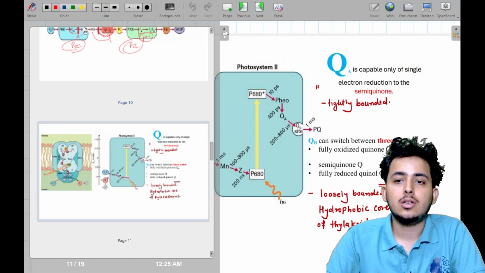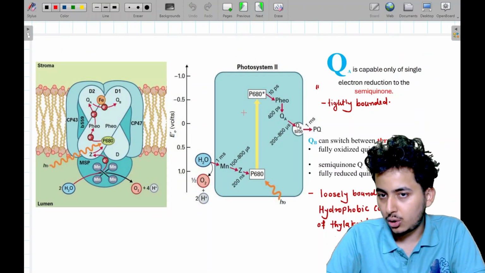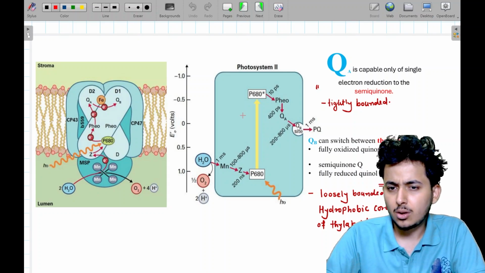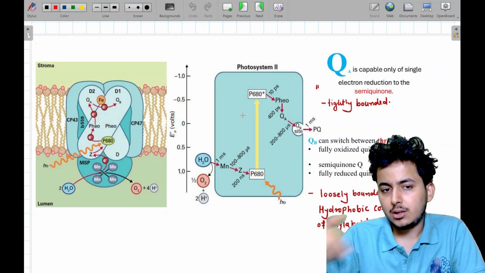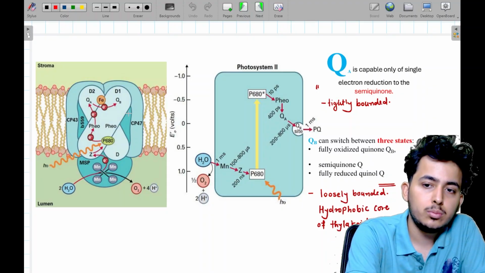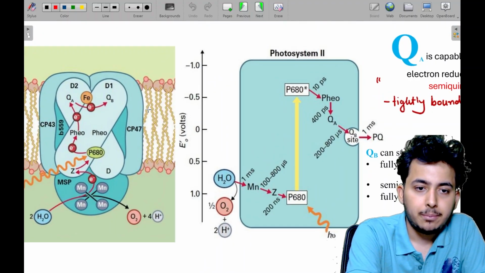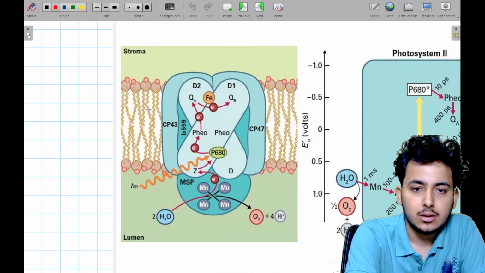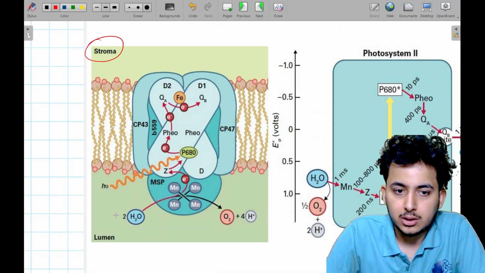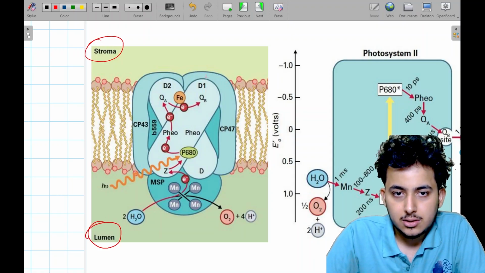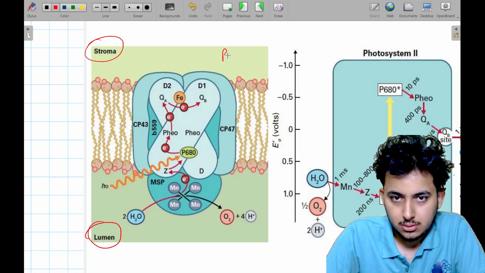And this is the detailed flow of electrons that is happening. If I zoom it in, you can see this is the overall diagram, this is the stroma, this is the lumen, and this is your overall PS2.